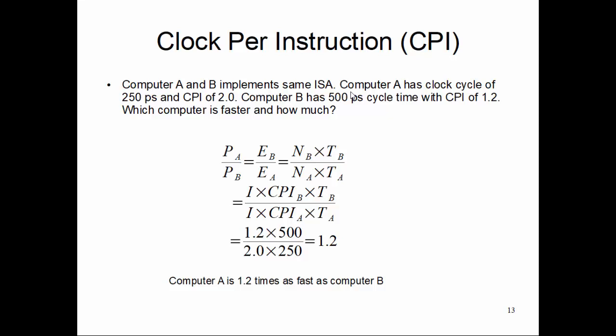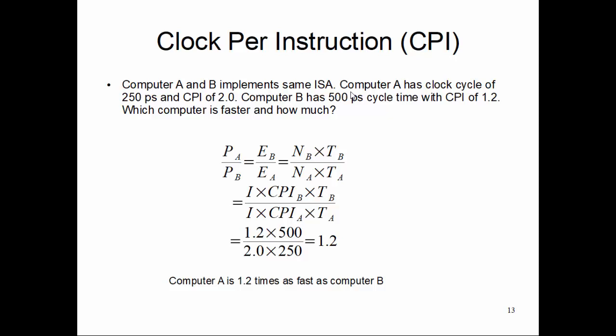Because clock A has a cycle of 250 picoseconds, means frequency is 1 by 250 picoseconds, whereas computer B's frequency is 1 by 500 picoseconds, which is less frequent, which is less frequency, right?